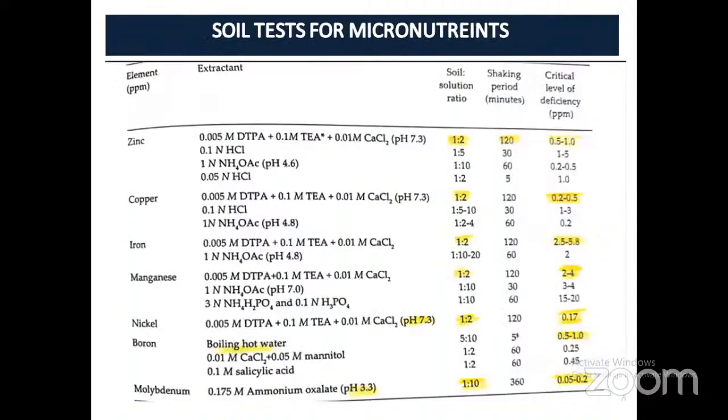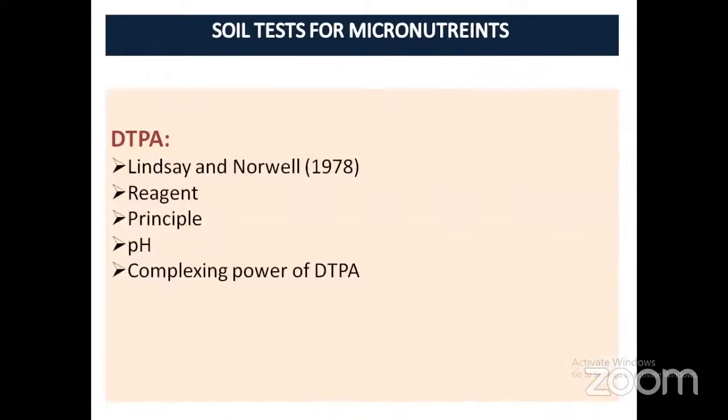Okay, if you are asking about TEA, let me tell you about calcium chloride also. I'll tell you why calcium chloride is added and why TEA is added. This TEA is triethanolamine, right? The purpose of adding TEA is that it burns clearly in the flame of AAS.